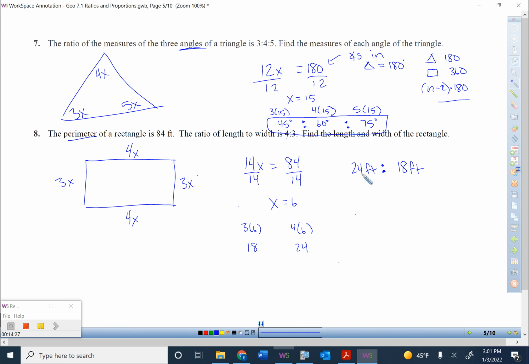Okay, and those don't directly add up to the original that we were given, but remember, we actually have to add them up twice, and if you take your 24, 24, 18, and 18 and add them all up, you would get that 84.